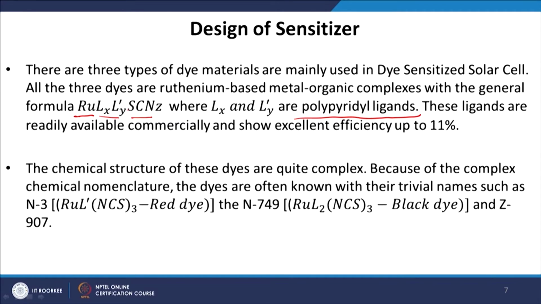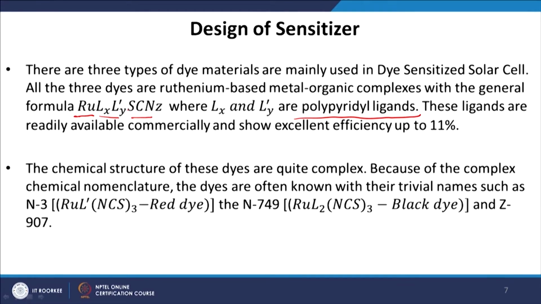These dyes are commercially available and show excellent efficiency up to 11%. The chemical structures of these dyes are quite complex; they are metal dyes, with ruthenium at the center and the remaining components surrounding it.